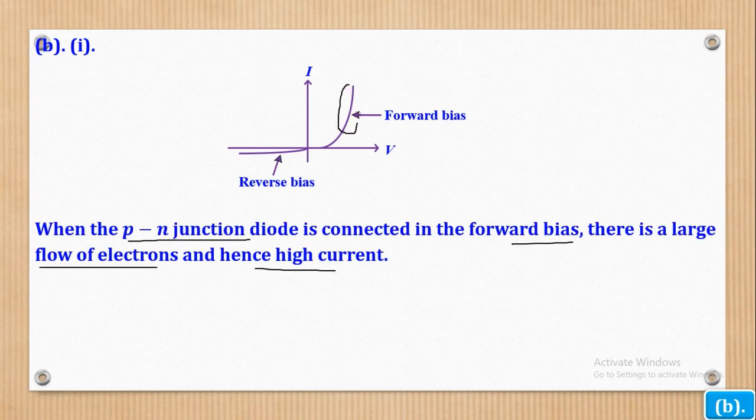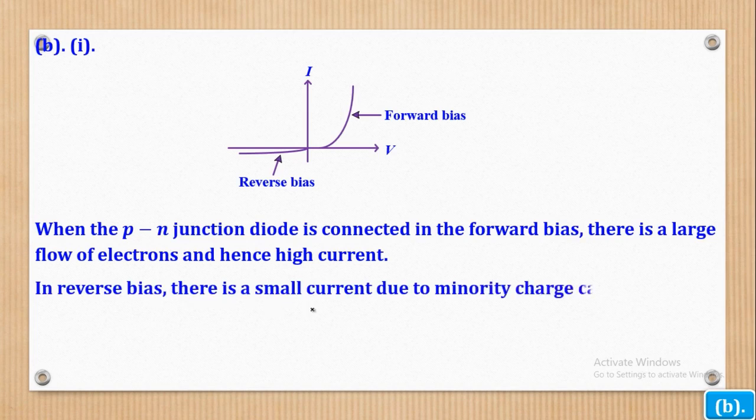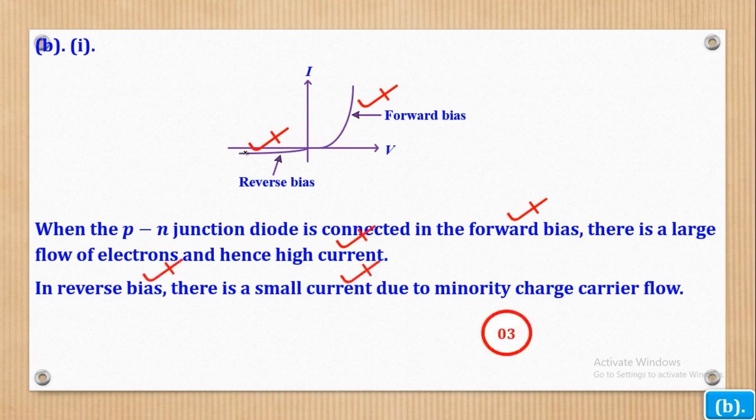That's why you see this is high, steep. However, in reverse bias, there is a small current due to minority charge flow. That is why the current flowing is very small. So that is how marks would be awarded.